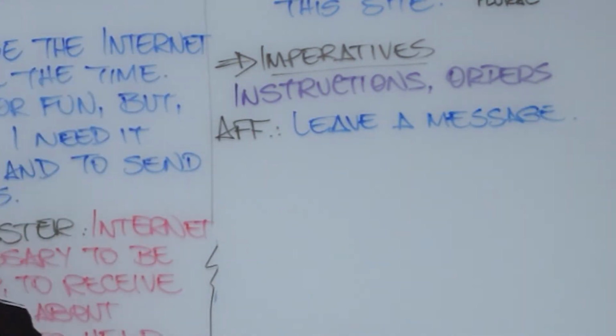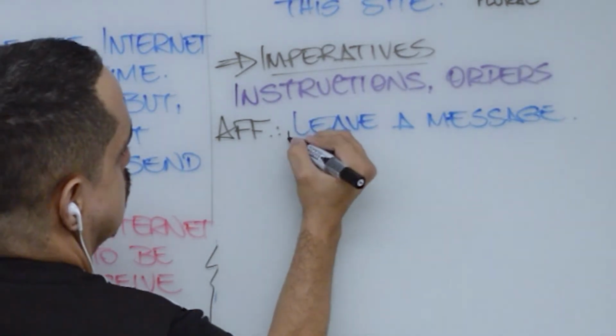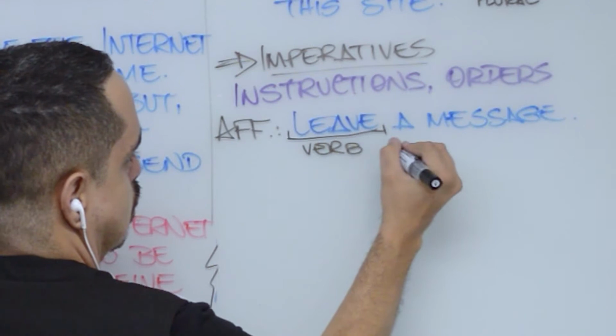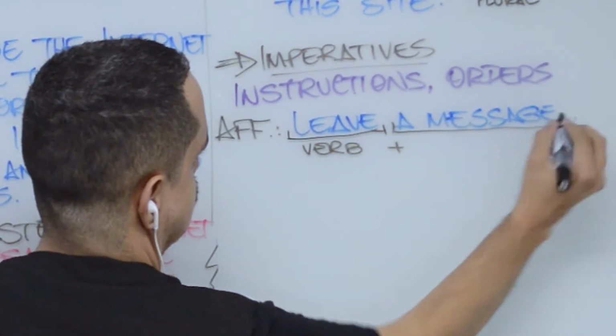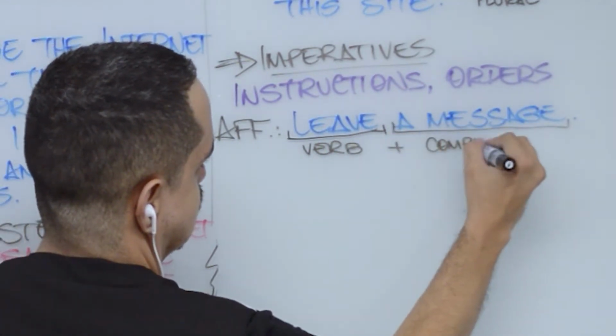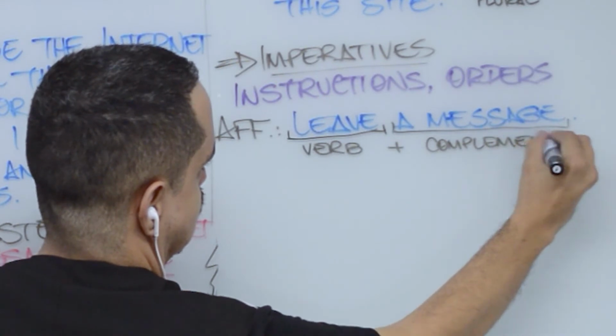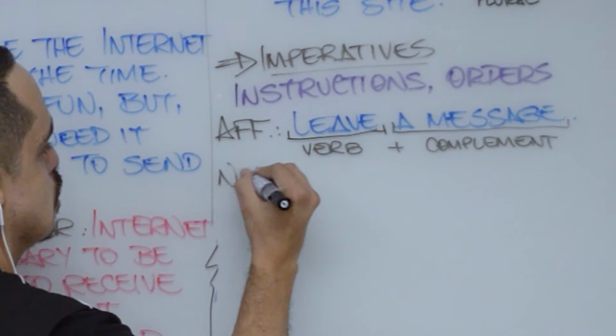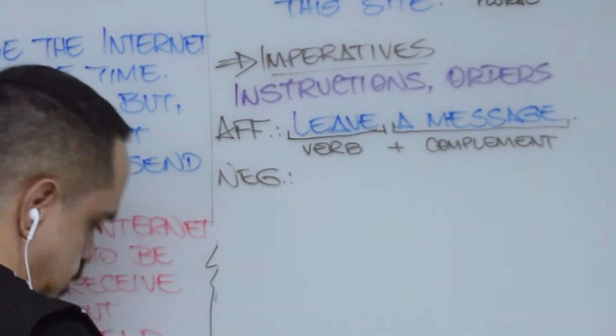What do we have here? We will use the verb plus a complement. In the negative form, I simply add don't.